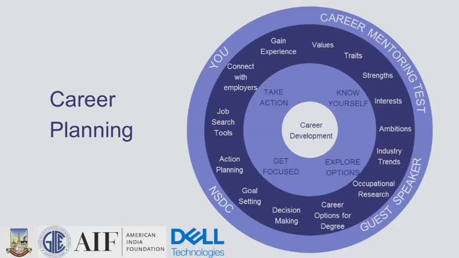So we must explore our area of interest and our passions. Now you all are in class 11. Start thinking where your interests lie and where your strengths lie, in order to know which job profile will suit you best later on. Hence self-assessment is a very important part of career planning.